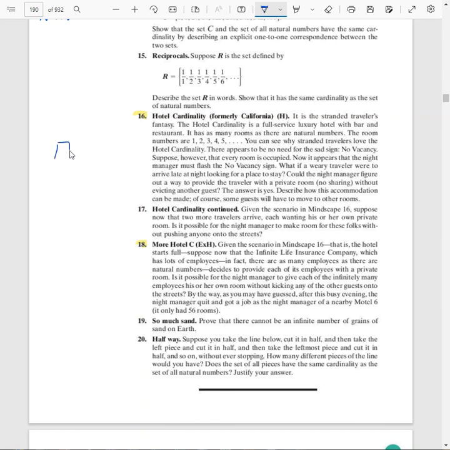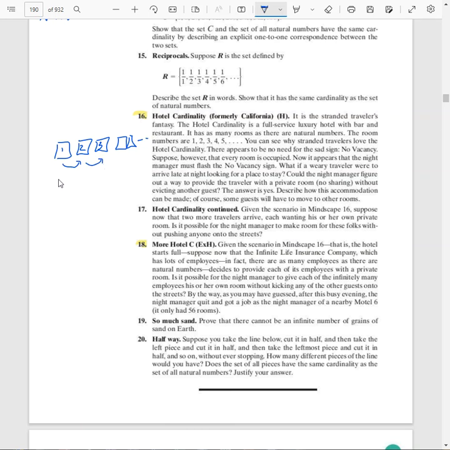Well, we have room 1, room 2, room 3, and a hallway. All these rooms, and they're all full. But we could ask everyone politely to move to the next room.